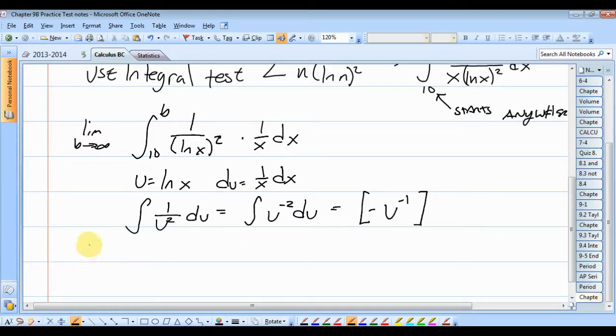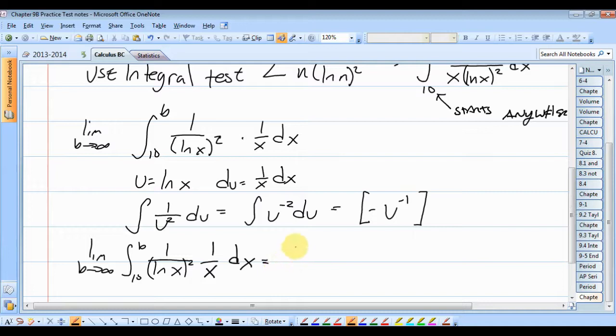Therefore, the limit as b approaches infinity from 10 to b of 1 over natural log of x squared times 1 over x dx is equal to the limit as b approaches infinity of negative 1 over, what was my u? Natural log of x, great, from 10 to b.